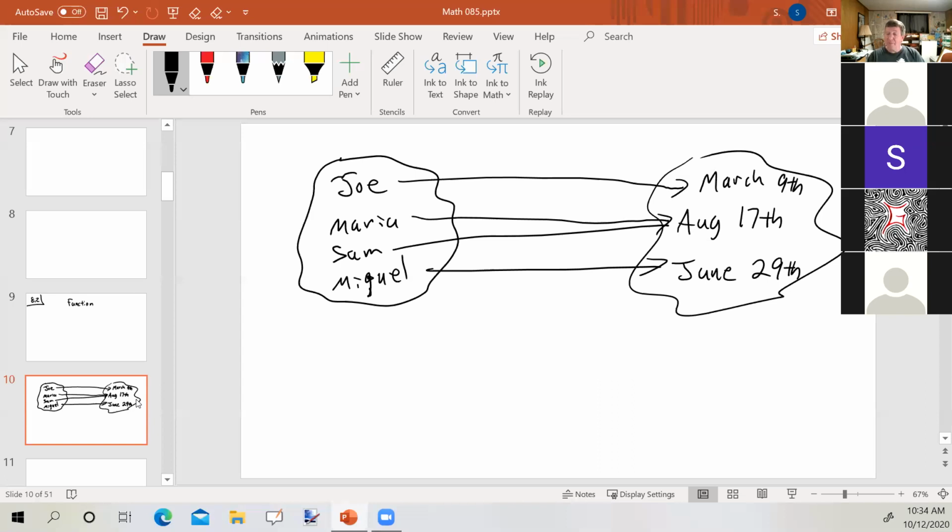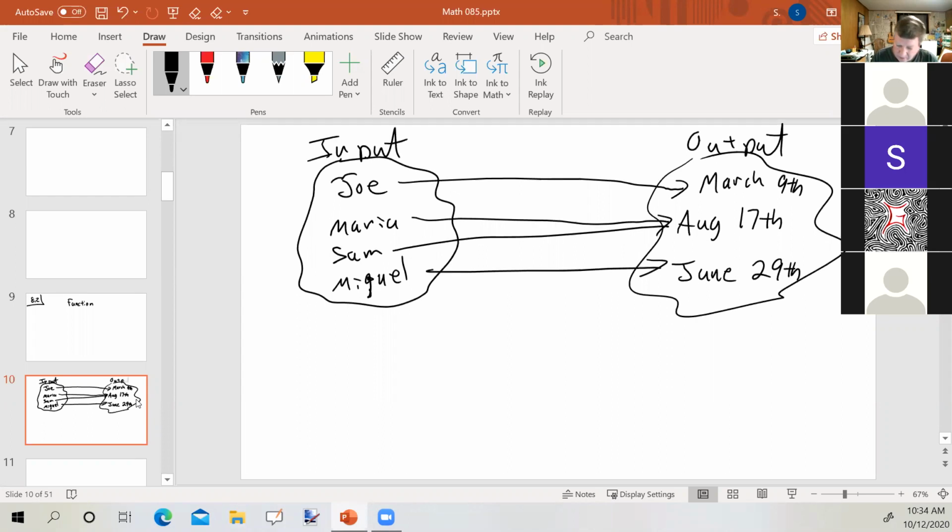Maria has the same birthday as Sam, but that's okay because 2 people can share the same birthday, whether they're twins or may not even know each other. So several people can have the same birthday. One person cannot have more than one birthday. We're going to call the people, Joe, Maria, Sam, and Miguel, the input, and their birthdays, the output. The way that this situation works, people and their birthdays, is the way that a function works.